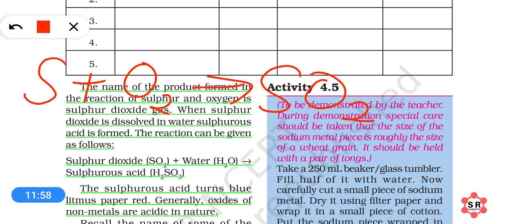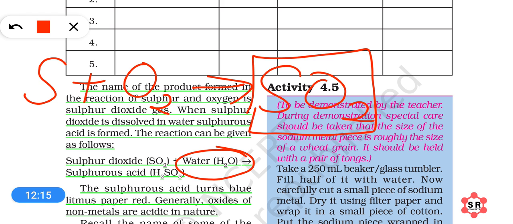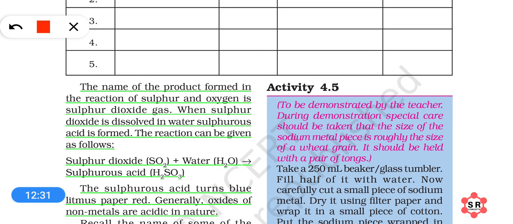The fumes produced during the burning of sulfur contained sulfur dioxide. And when we added water into it, sulfur dioxide reacted with water to produce an acid, sulfurous acid, H2SO3.